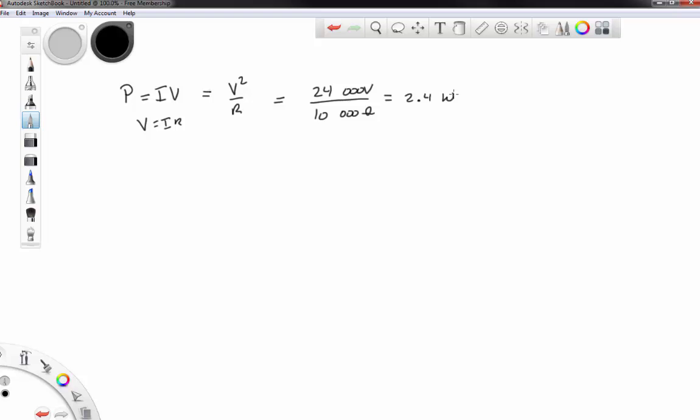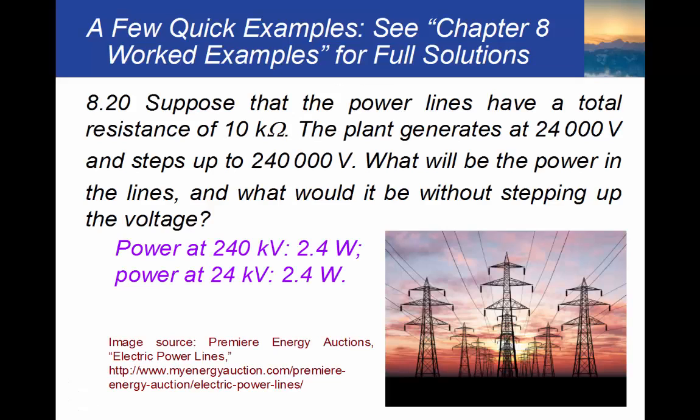Then at output, you've stepped up the voltage to 240,000, but you stepped down the current to basically 1/10 what it was before, and since P is equal to IV, that would be a factor of 10 decrease, so you're left with 2.4 watts again. So that means that your power at both should be 2.4 watts.